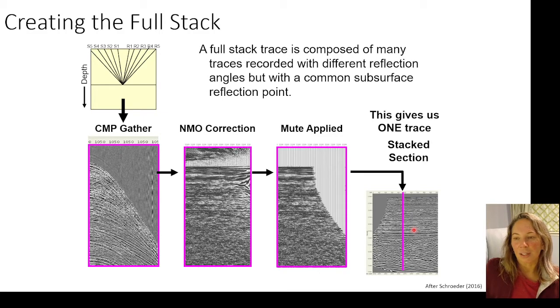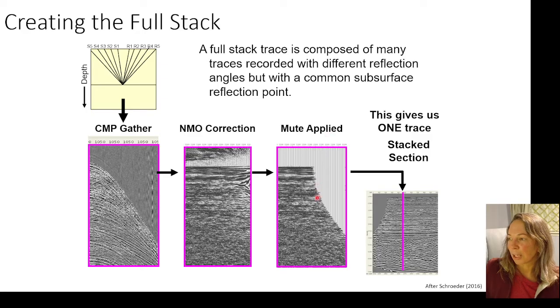This is what it looks like with actual seismic data from our CMP gather, where you can see a very strong hyperbola down here from our first reflection to other reflections. We've got some noise in this upper right-hand area. We do that normal move-out correction to account for the change in velocity.